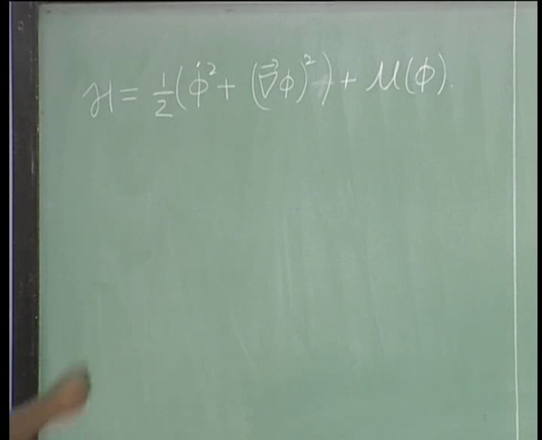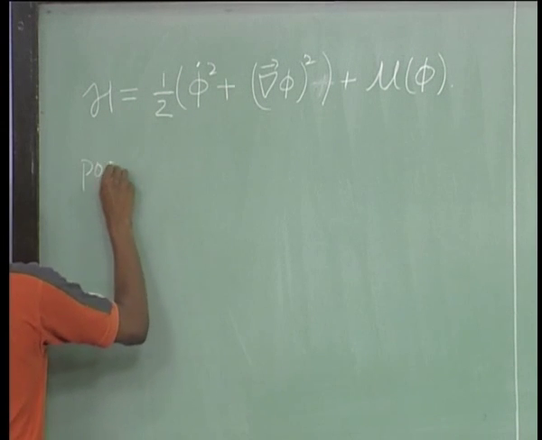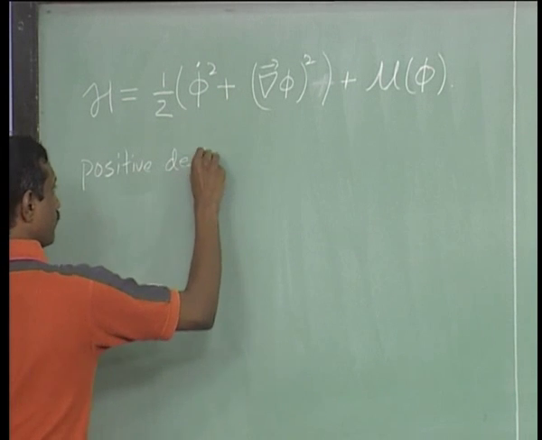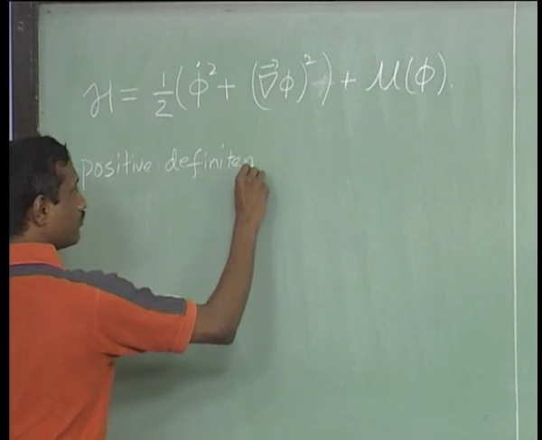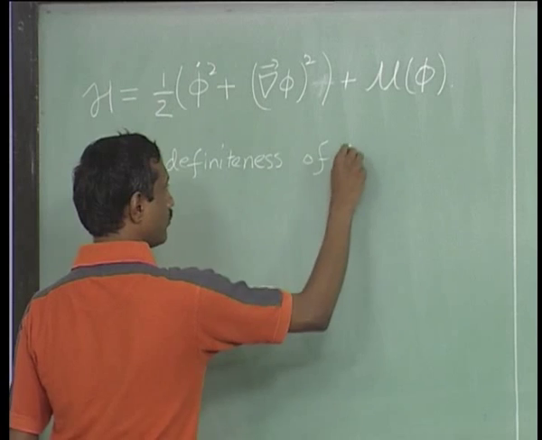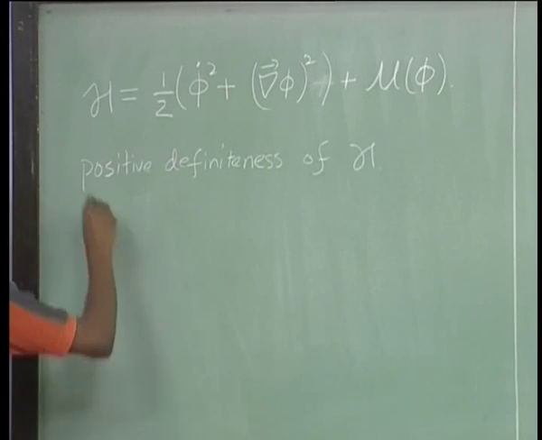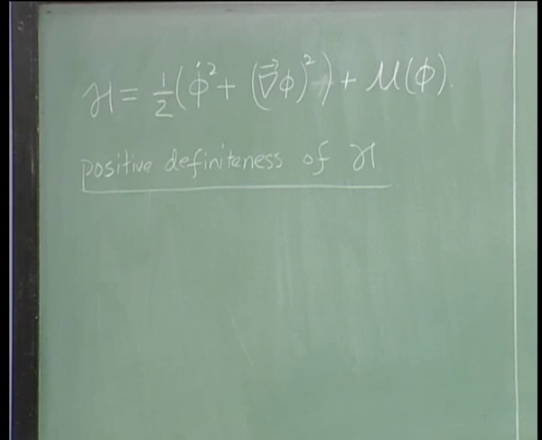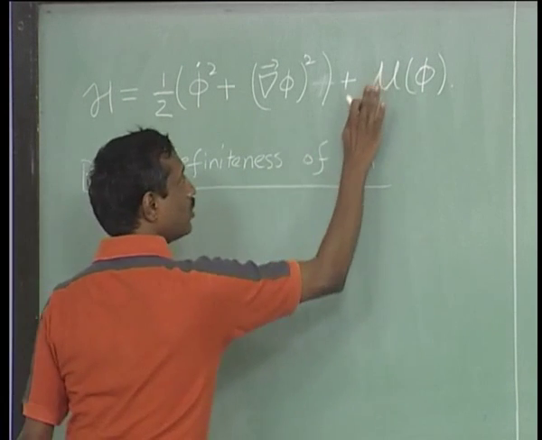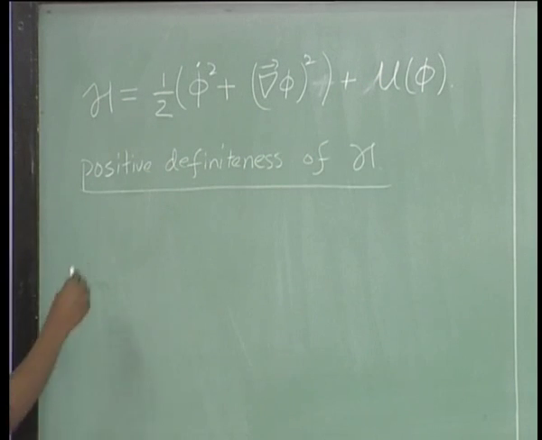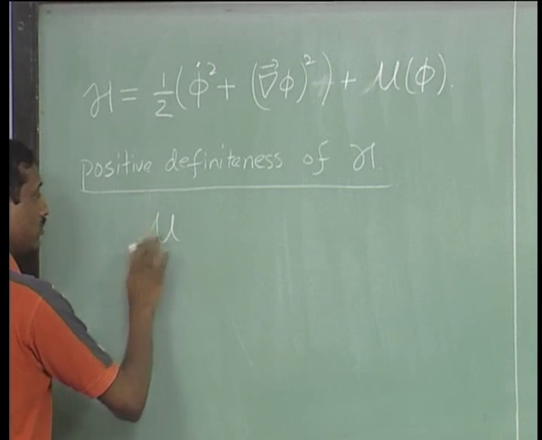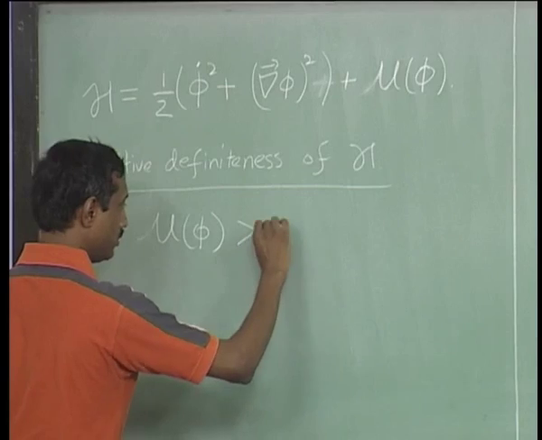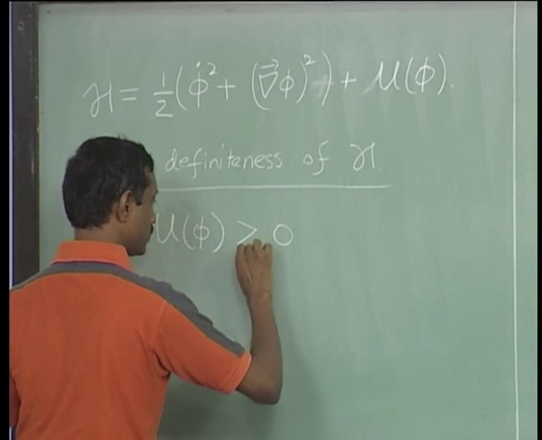And for positive definiteness of H, it is easy to see that the first two terms are positive definite. So, it really is a condition on the potential. So, we need to write u of phi should be greater than or equal to 0.